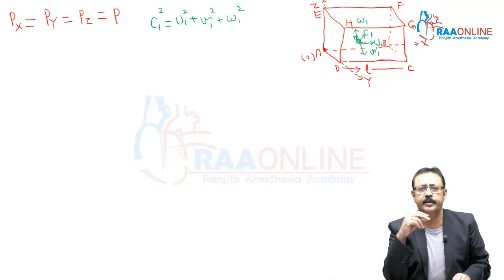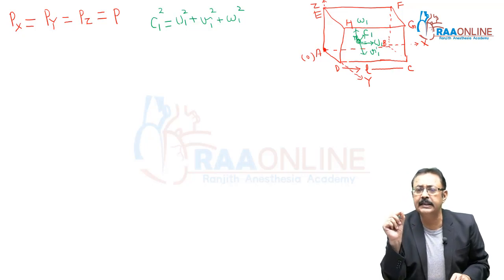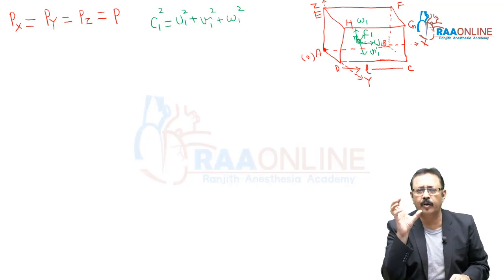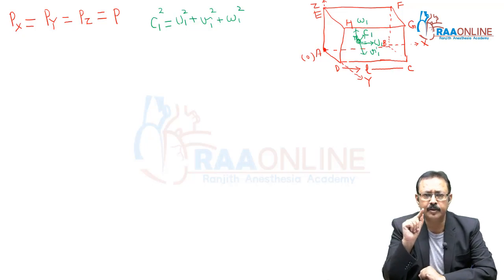So now we can imagine that our molecule is moving towards the wall BCGF with momentum mu1. In our assumption, all collisions are elastic, which means in any collision there is no loss of kinetic energy. And what is kinetic energy? Half mu1 square.